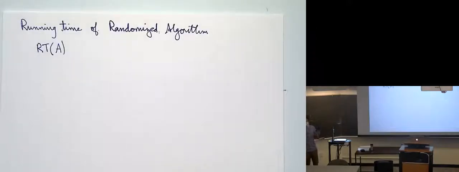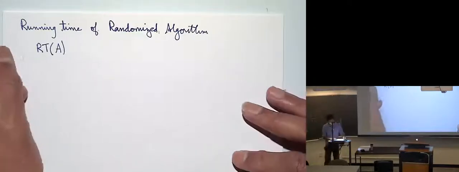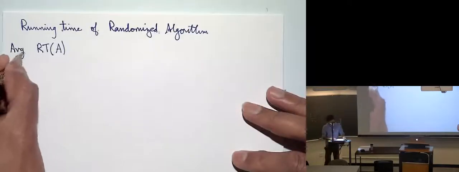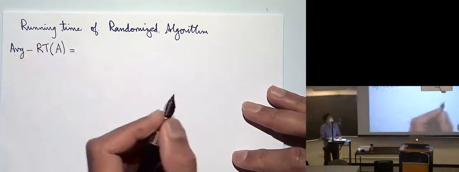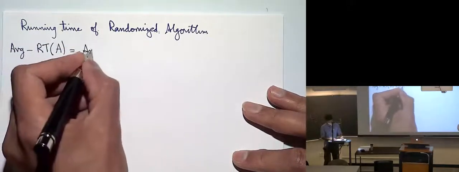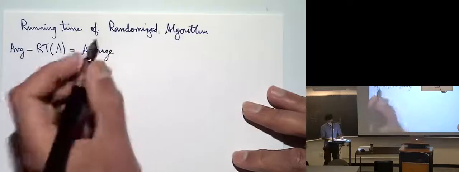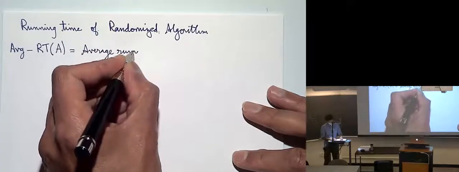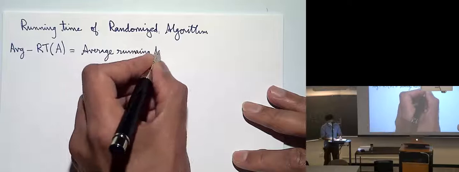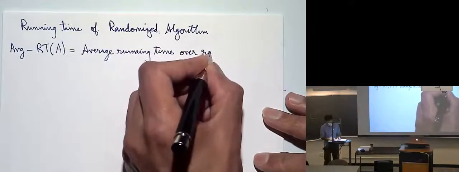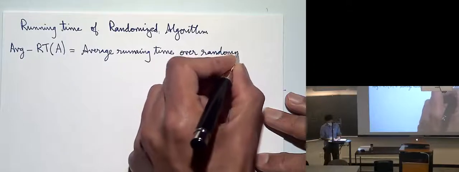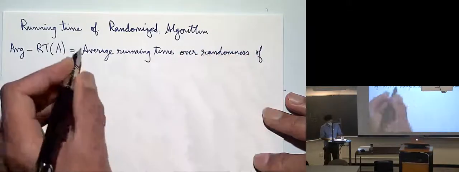Okay, so a few of you. So let me not use that term. Let me just say I can look at the average runtime of A, which is saying what? The average running time, where the average is over the randomness of the algorithm.